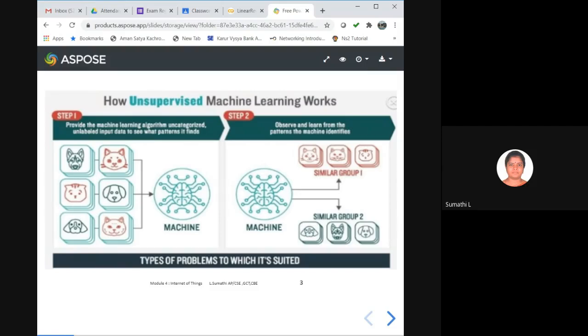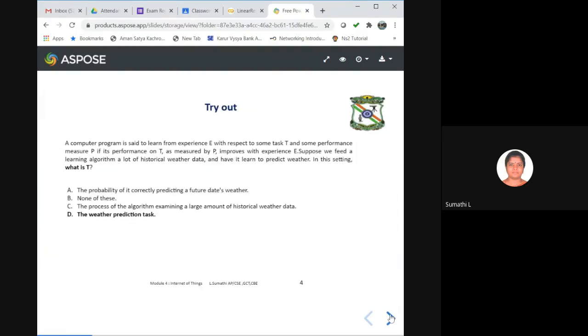The machine learns from the data you give. So if it sees a similar kind of data, it can respond, right? That is our machine learning. Now, just for us to have a good understanding of what machine learning is, and the difference between supervised and unsupervised, we will have some simple tryouts.